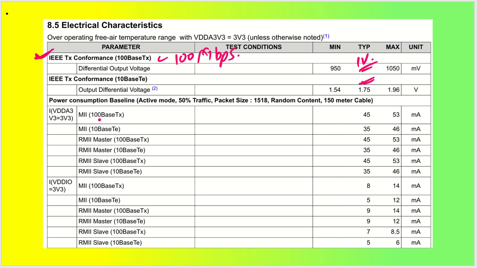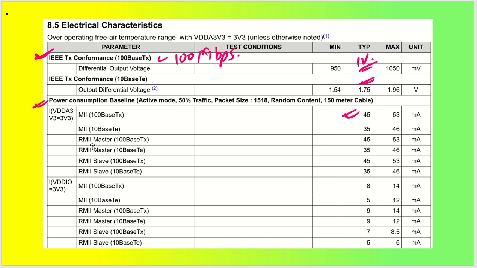Coming to the power consumption regarding this IC, for VDD 3.3 I have taken here, for MII application at 100 Base-TX data rate we have 45 milliamperes of current consumption, that's all. So we have very low current consumption. Similarly, for 10 Base-T it is reduced to 35 milliamperes.